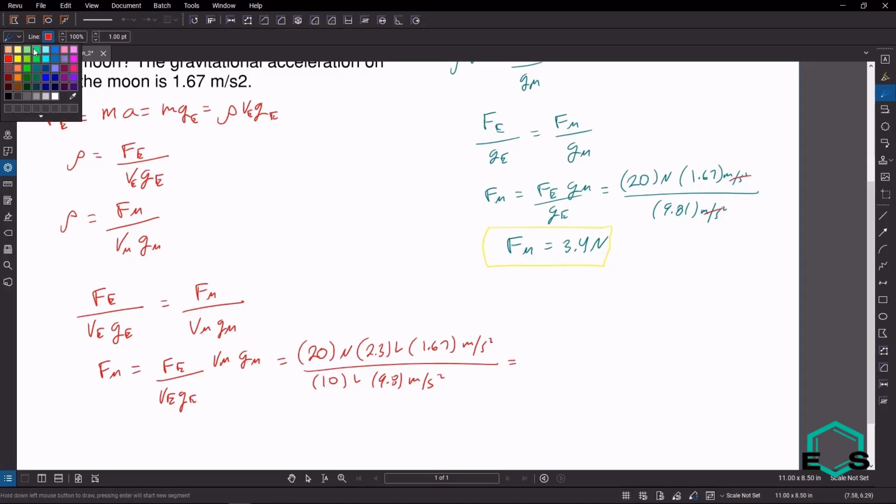And then you can see my units cancel out, and I'm left with newtons. If I plug this into my calculator, I get 0.78 newtons. And that's it.